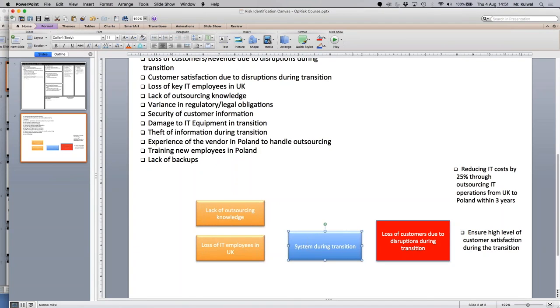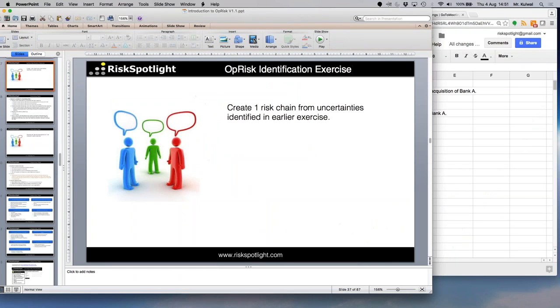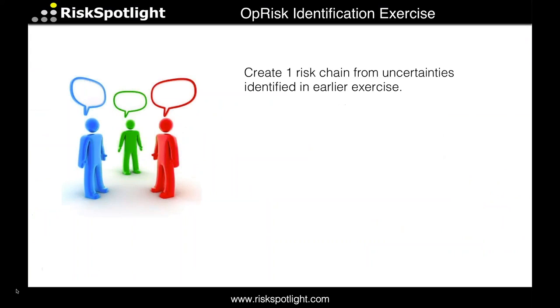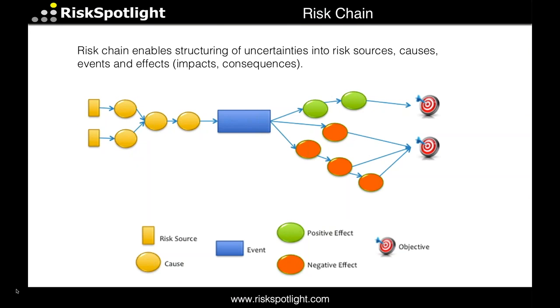And if that event will happen from various causes, then that gives you some pointers that if you manage those causes correctly and prevent those uncertainties, then you'll be able to prevent that event. In real life, all these uncertainties will have lots of complex relationships with each other in the context of a particular objective.